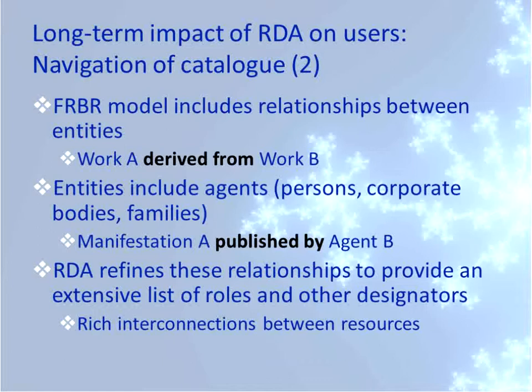People can be members of corporate bodies. Families are types of corporate bodies, and so on. And they also are related to the resources themselves, the works, expressions, manifestations, and items, by another set of relators, such as published by. So a manifestation can be published by a particular agent.